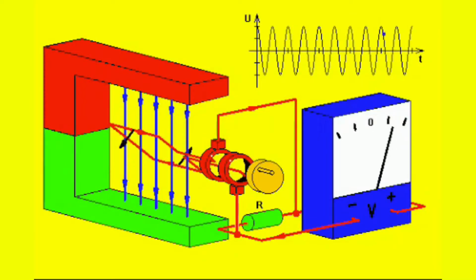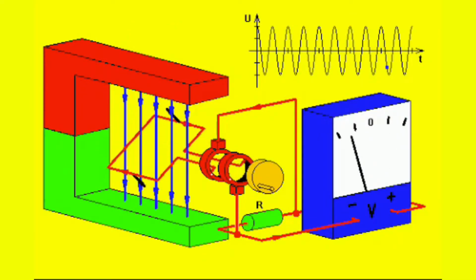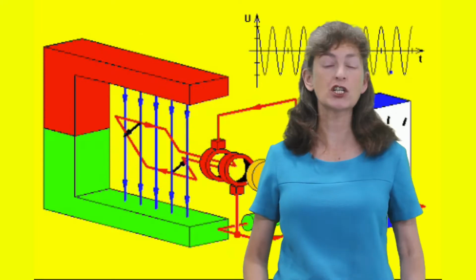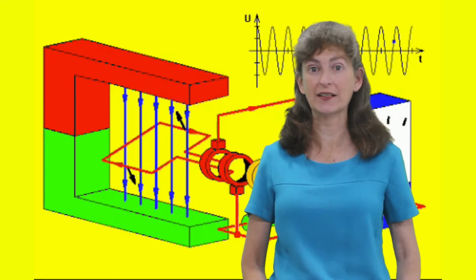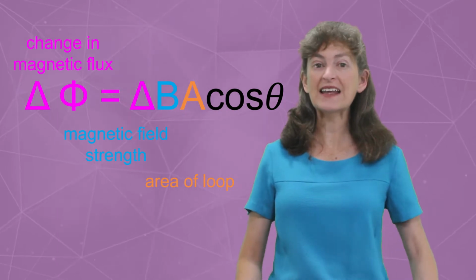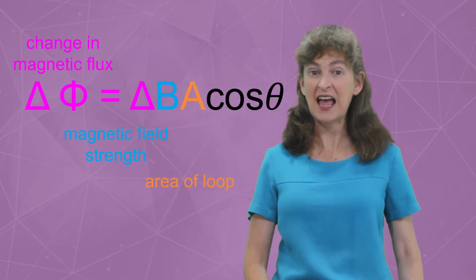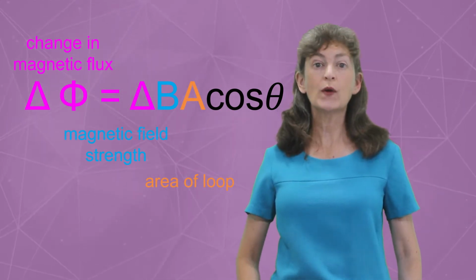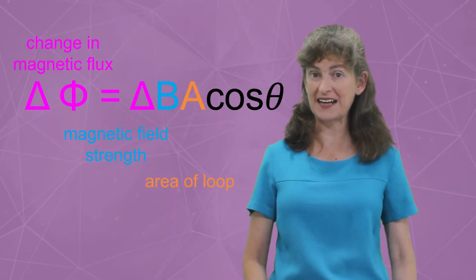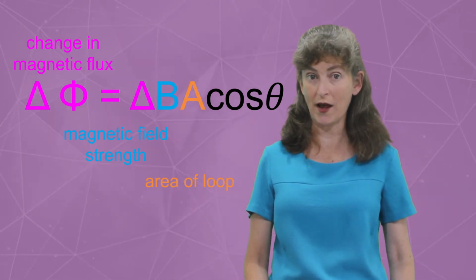So let's say we rotate a coil from 0 degrees to 90 degrees. That changes the magnetic flux linkage with the coil. If we know the magnetic field strength of the magnets and the area of the coil, we can calculate the change of magnetic flux linkage with the coil.